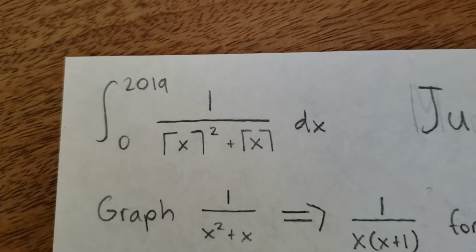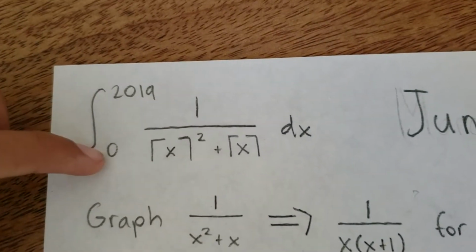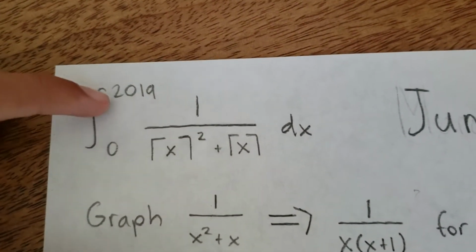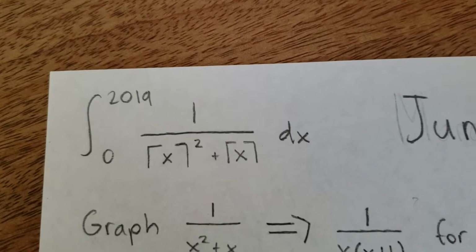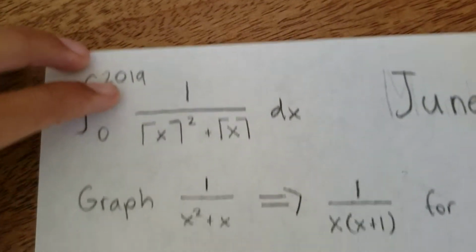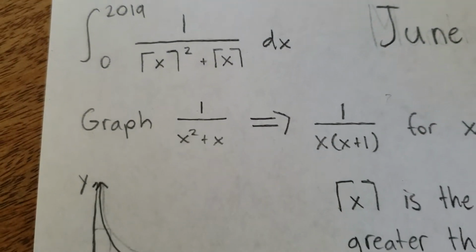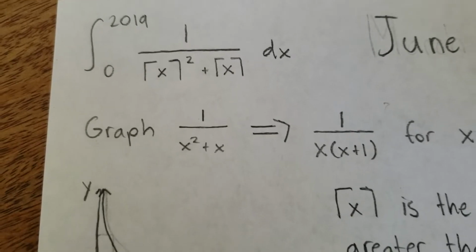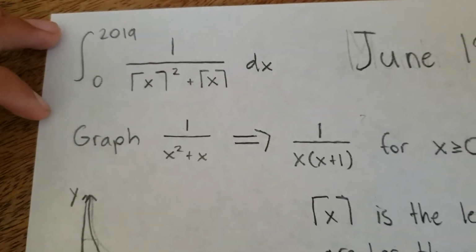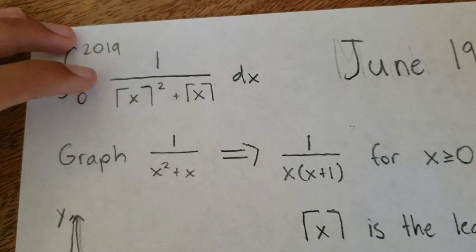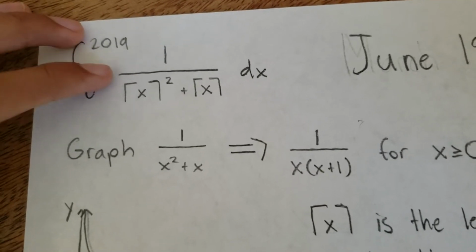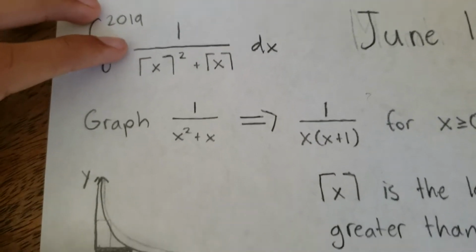Because that's what integrals do. When you integrate between two x values, it's asking you the area under the curve, or the net area, depending on whether it crosses the x-axis. So let's graph this and see how we can find the area under this curve formed by this expression.